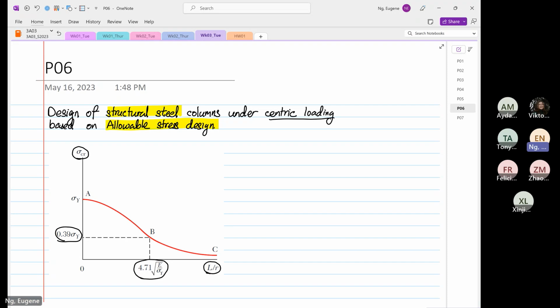This is only suitable for structural steel. If you look at any material handbook, there will be a section on structural steel, and you can use this graph. What's so interesting about this graph?